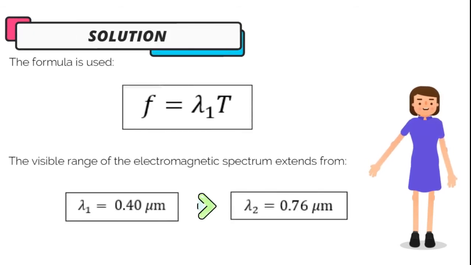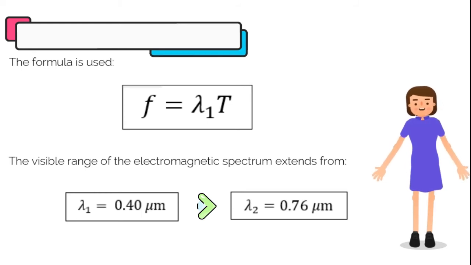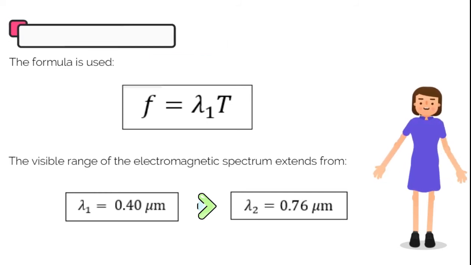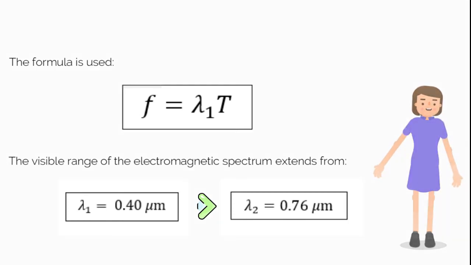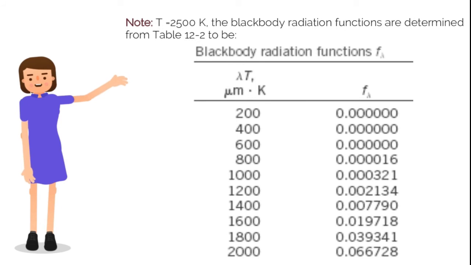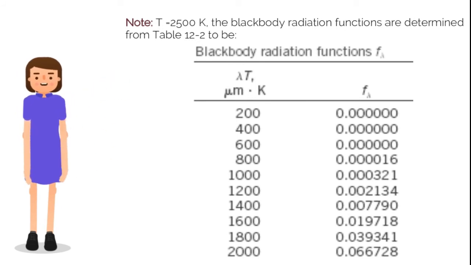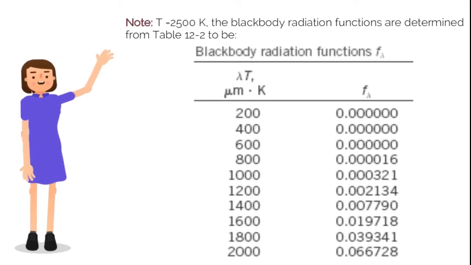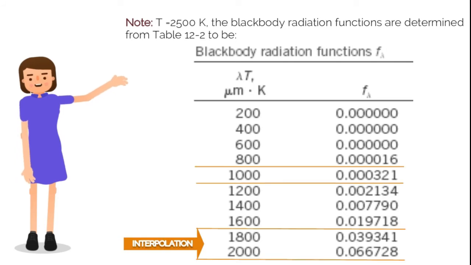The formula used is F equals wavelength multiplied by temperature. In this question, the visible range of the electromagnetic spectrum extends from 0.4 micrometer to 0.76 micrometer. Noting that T equals 2500 Kelvin, the black body radiation functions can be obtained from table 12.2.